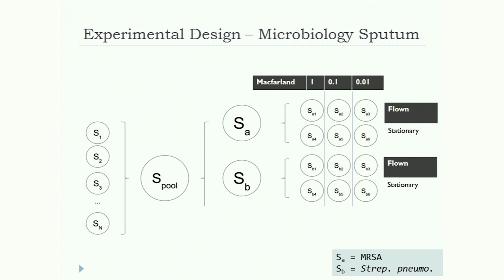And then we put different concentrations of microbes in each one. So we had three logs of the microbes, and we used MRSA and strep. And similar design to the first set of experiments. We flew half the samples, and the other half did not fly.